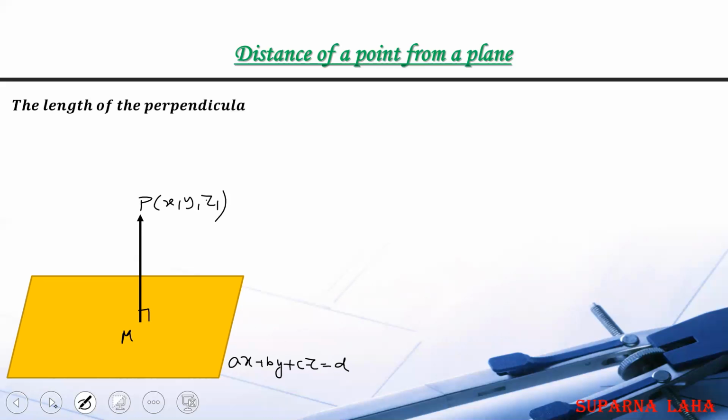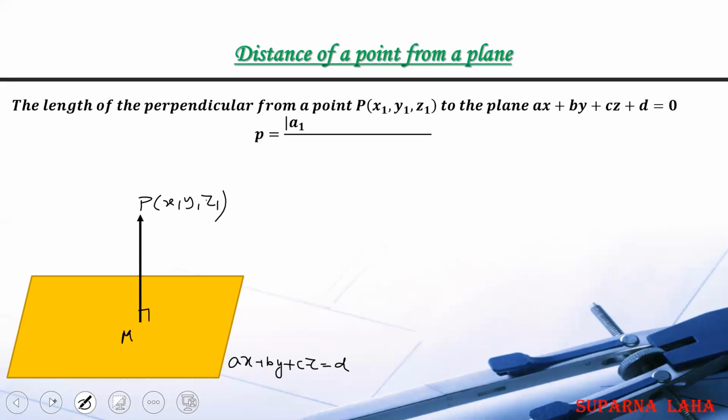So the length of this perpendicular PM, where P is a point with coordinates (x1, y1, z1) and the equation of the plane is ax plus by plus cz equals d, is given by the modulus of ax1 plus by1 plus cz1 plus d, by the square root of a square plus b square plus c square.